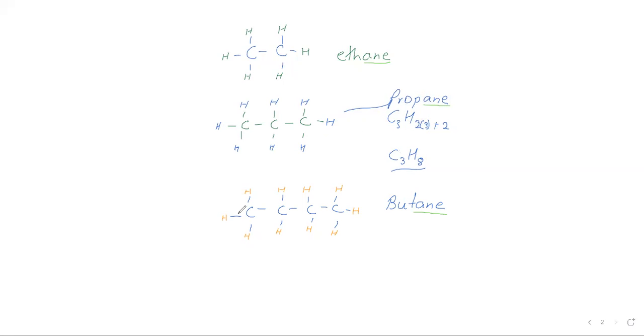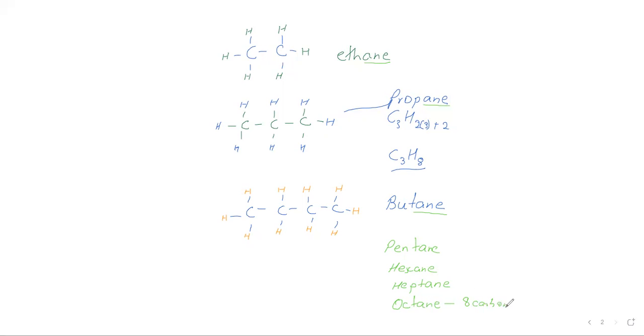So these are the members of that group. The one that follows here will be pentane with 5 carbons, hexane with 6 carbons, heptane with 7, and octane, the petrol that you use, with 8 carbons.